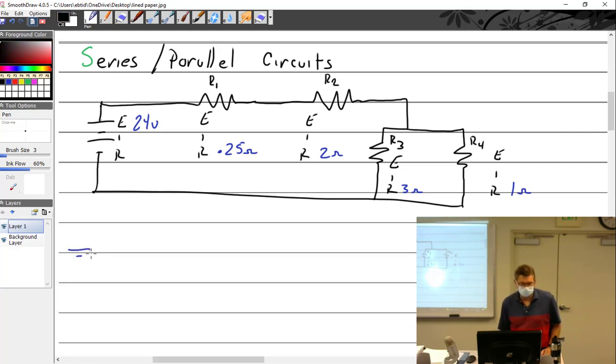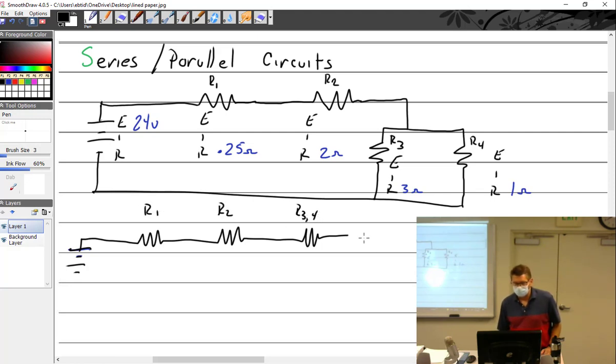Here's my R1. Here's my R2. And now I'm just going to make this R3, comma 4. So this is R2 and R1. And I'm going to solve it for this, which is something that you can easily do by now.